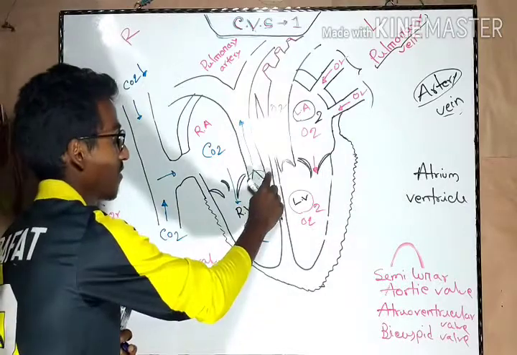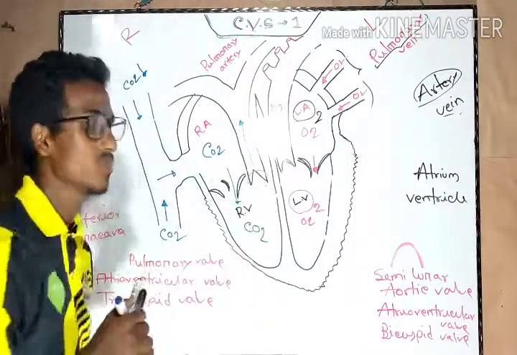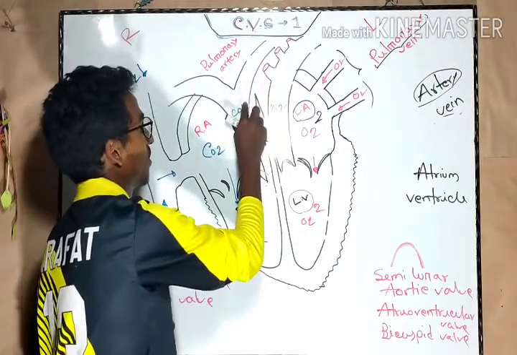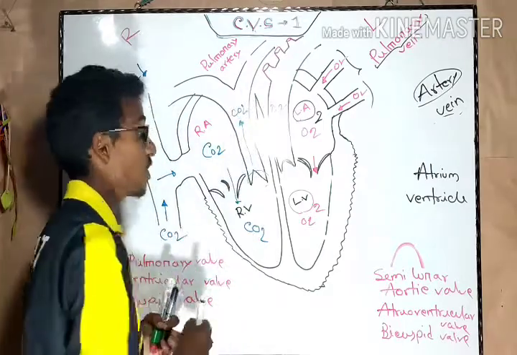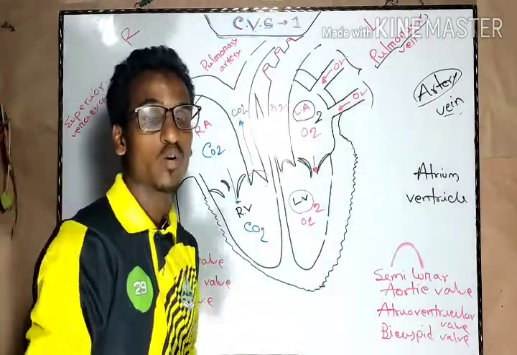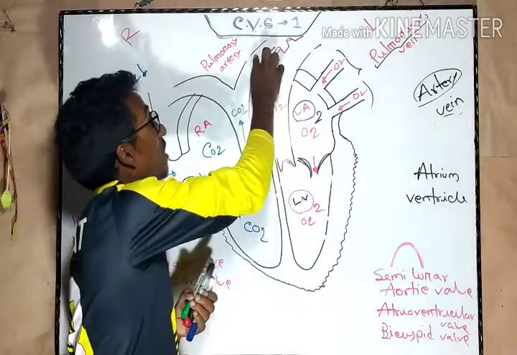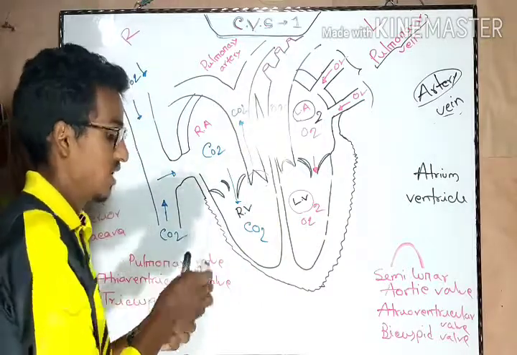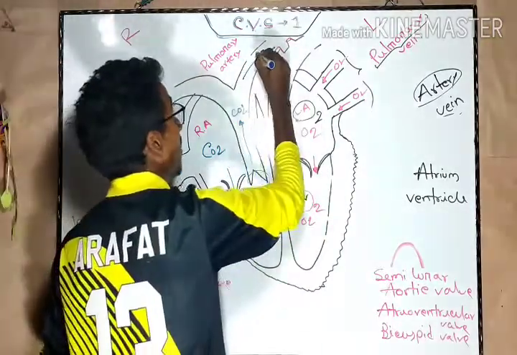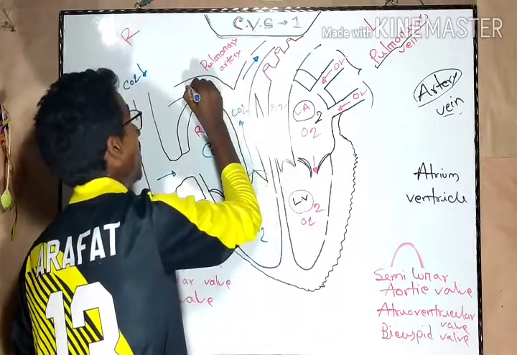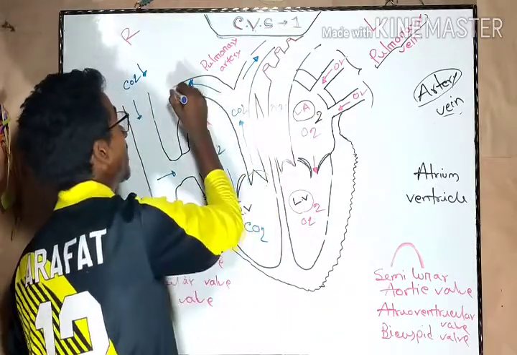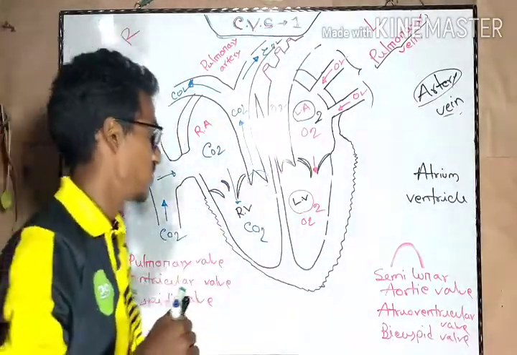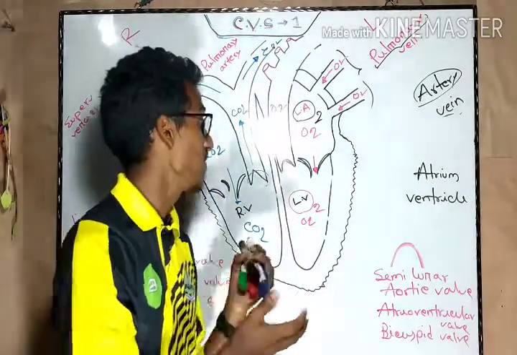Here the pulmonary valve, and the venous blood from the pulmonary artery bifurcates and goes to the two lungs by the left pulmonary artery in case of the left lung, and this right pulmonary artery in case of the right lung. This is the left pulmonary artery, and this is the right pulmonary artery. It carries the blood to the lungs. So this is the whole process of the blood flow.